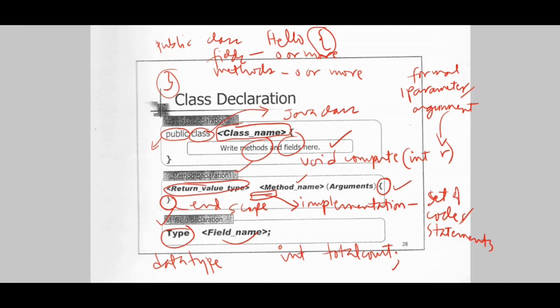Or you could say float size. Size is a floating point data type, and it is a field because these two, total count and size, are declared inside the class but outside the methods.